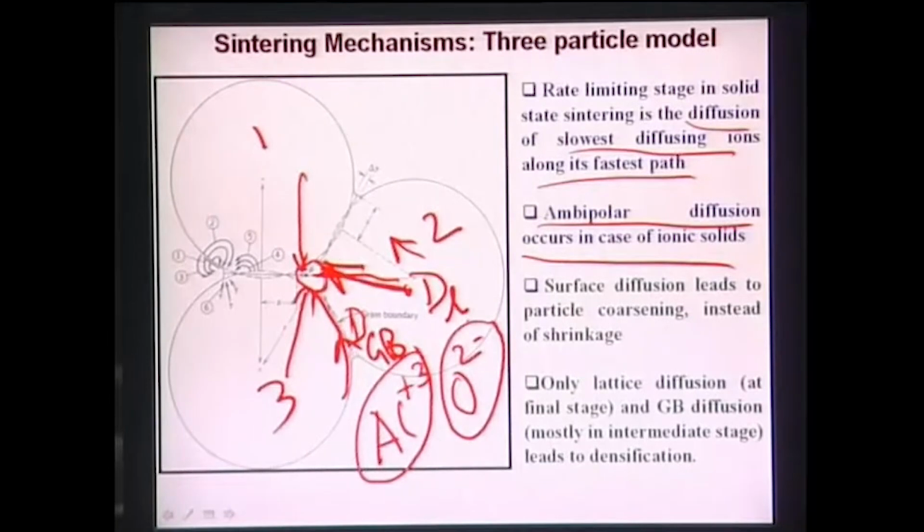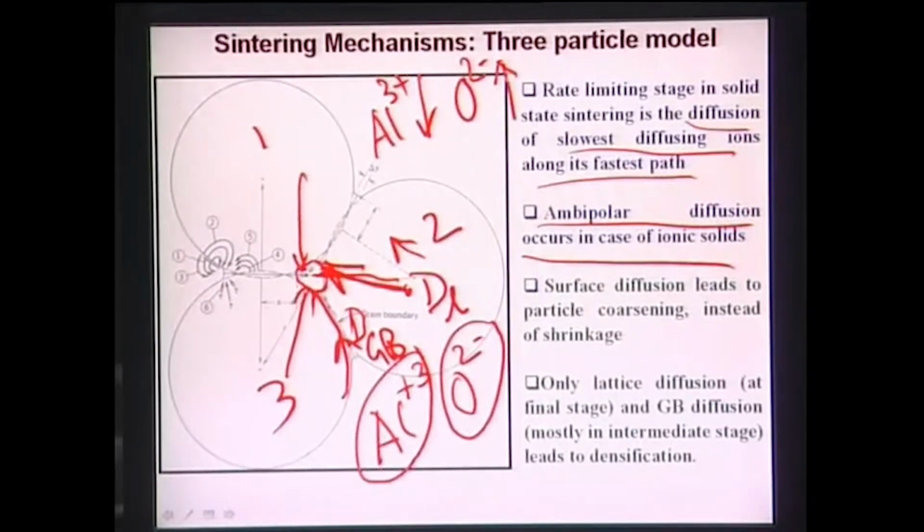The way these aluminium cations diffuse may be slower compared to the way oxygen ions diffuse, whose diffusion rate may be faster. Accordingly, whichever diffuses faster at a given temperature will dominate the diffusion process in the sintering.